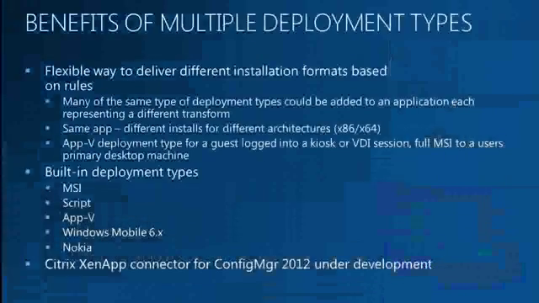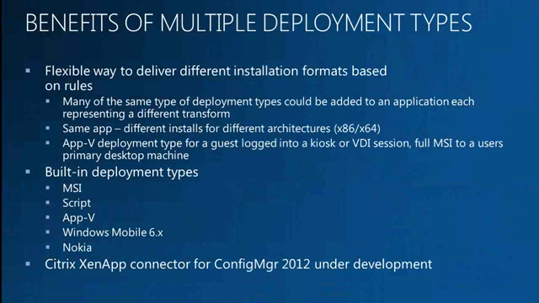So, benefits of multiple deployment types. You saw when I created the Adobe Reader 9.3 that a deployment type was created automatically based on the MSI. But MSI, of course, isn't the only deployment type we support. In fact, we've engineered the system in such a way that deployment types can be added in an extensible way, even outside of the regular product ship cycle.